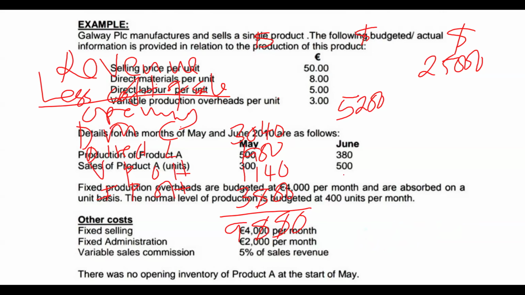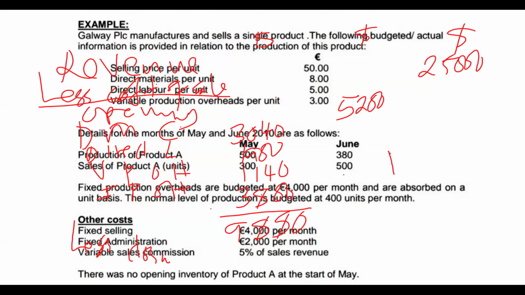Then from here, what did we say we do? You less the closing inventory. And what is the closing inventory? We need to calculate it.